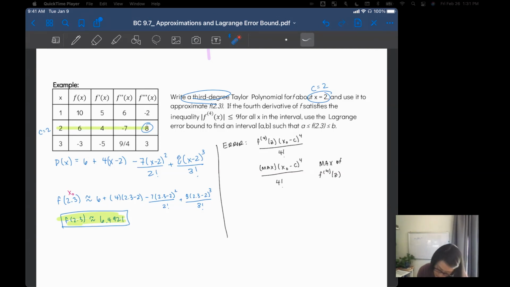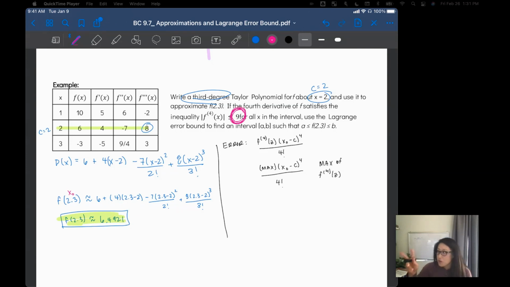So it says, if the fourth derivative of f satisfies the inequality, the absolute value of the fourth derivative is less than or equal to 9. Oh, look, my max value. My max value is 9, okay?